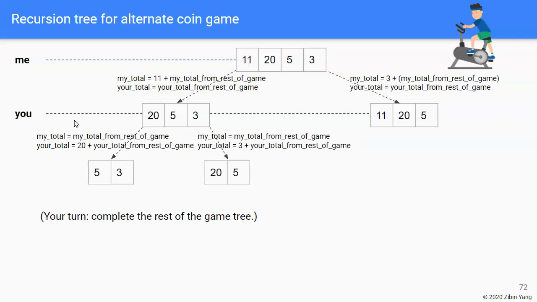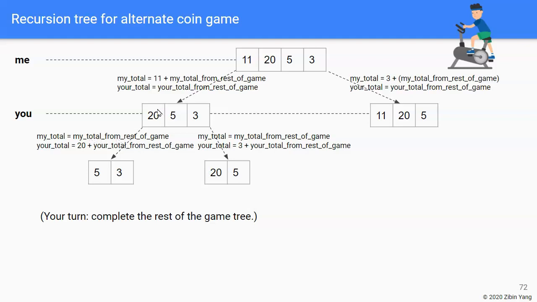At the next turn, you're the one making a choice, and you have a choice between 20 and 3. Now, if you pick 20, then your total at this point would be 20, the one that you just picked, plus whatever the total coins that you get from the rest of the game. And if you pick 3, your total would then be 3 plus whatever total you get from the rest of the game, right?